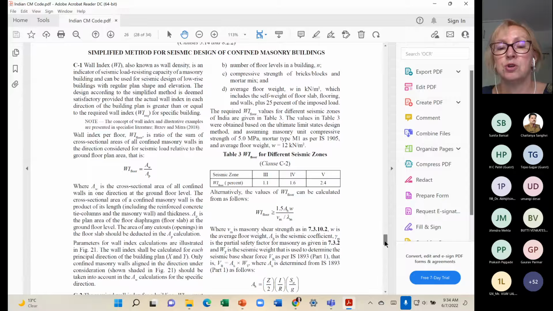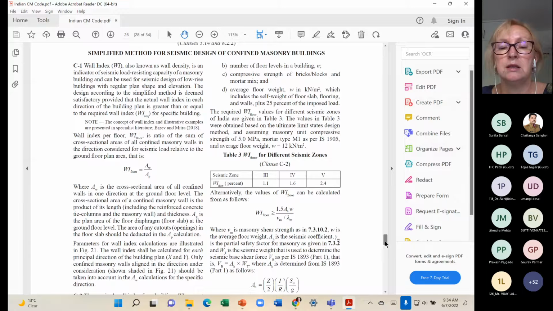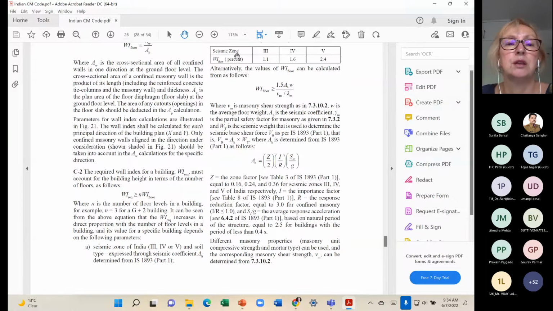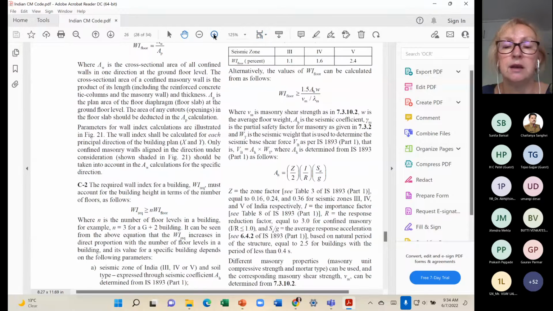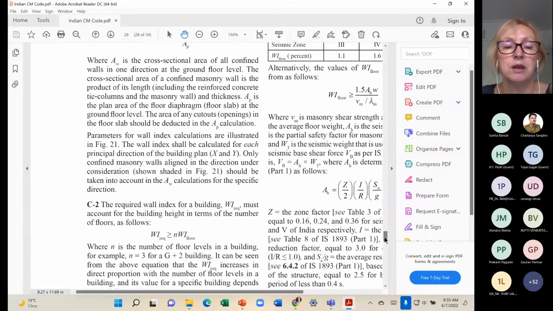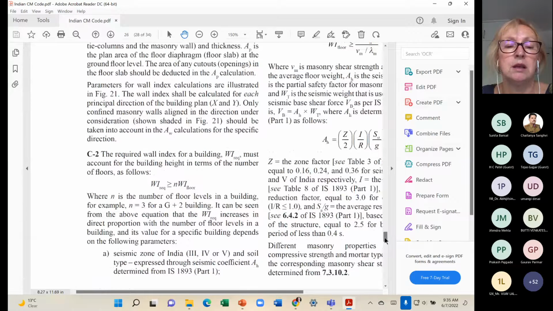And here is the AH coefficient, which is, as I said, from 1893 is also listed. It also says that WI required is greater than or equal to n times WI per floor, and WI per floor is calculated from this equation. This can be applied to seismic zones of India 3, 4, or 5. And so that is all regarding this simplified method.